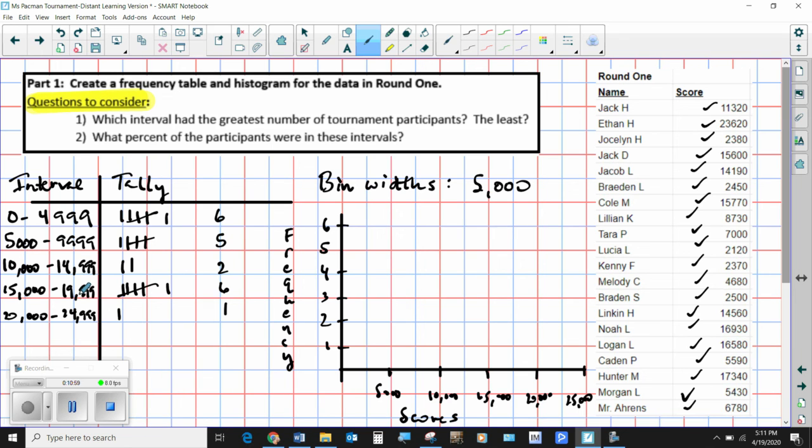And then the 10,000 to 19,999, you would have 8 in that interval, and then you'd only have 1 in the third interval. So some of you might have different looking histograms. It just depends on how you want to set up your intervals. You don't have to do it like mine. But this is probably going to be the most popular one.